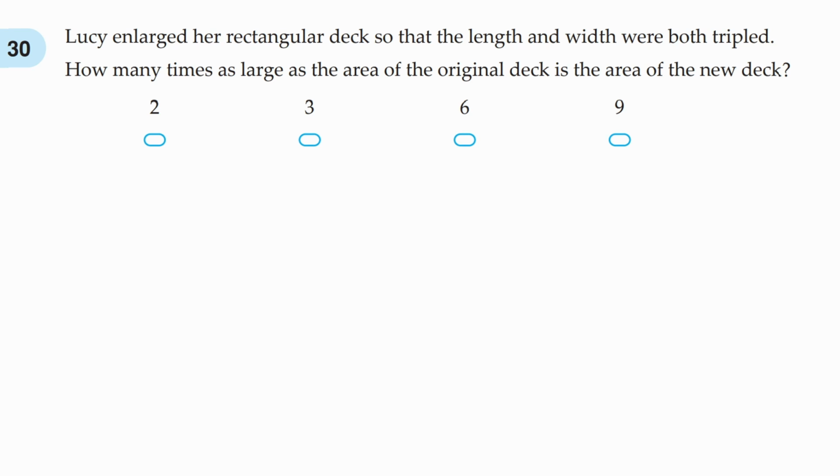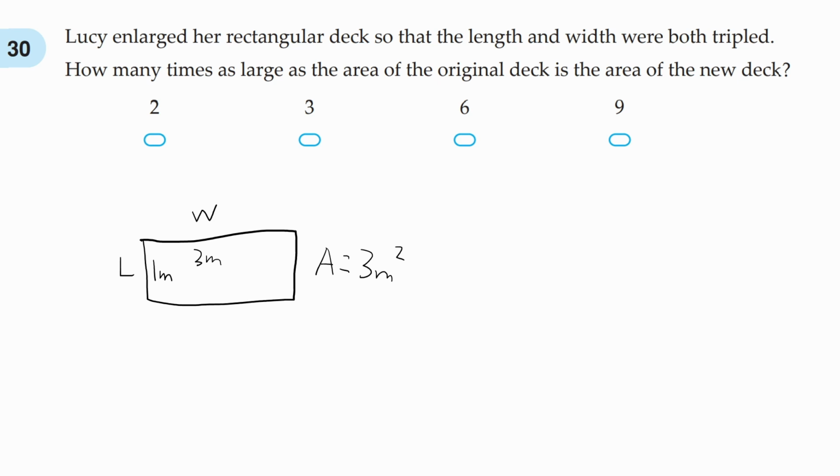Question 30. Lucy enlarged her rectangular deck so that the length and the width were both tripled. How many times as large as the area of the original deck is the area of the new deck? Okay, so let's just draw out a rough drawing of our deck here. This is the length, and this is the width. Let's say the length is 1 meter, and the width is 3 meters. So the area of this would be 1 times 3, which is 3 meters squared.